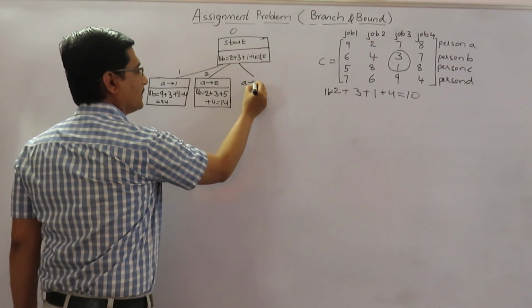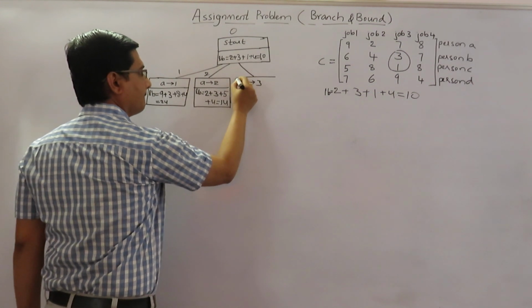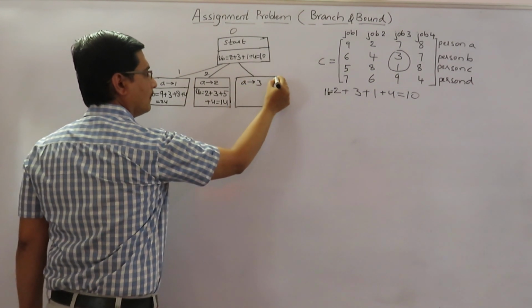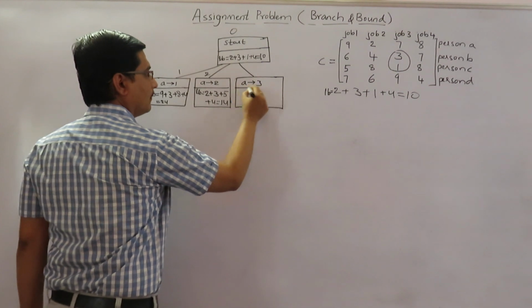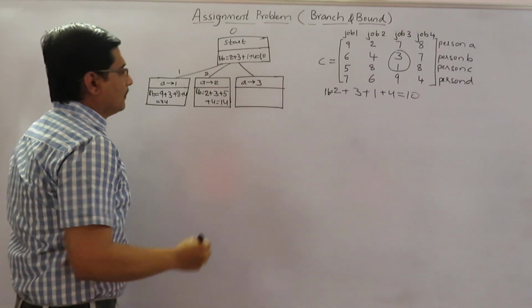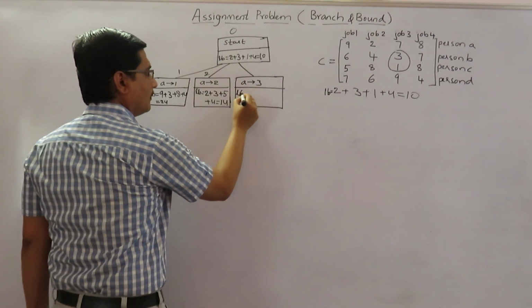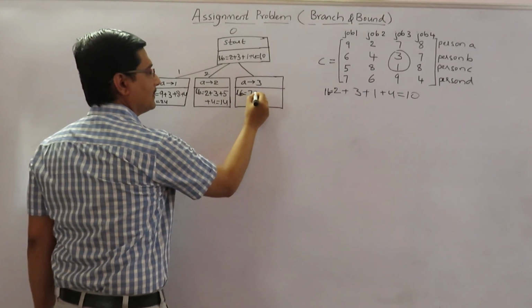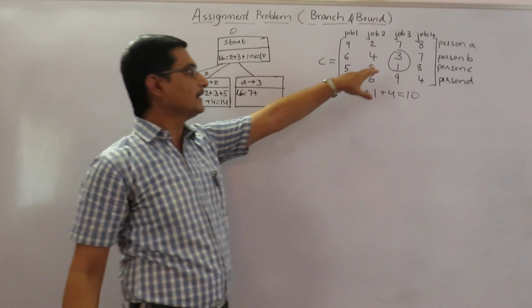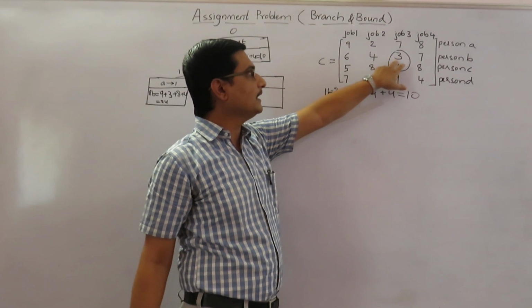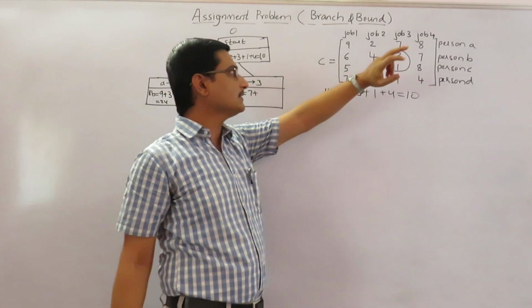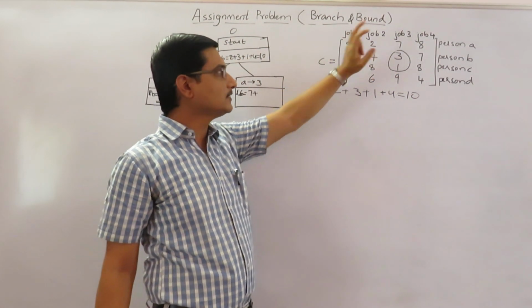Then job 3 to person A. The lower bound will be 7 plus, say we cannot assign job 3 to person B now because person A already got job 3.